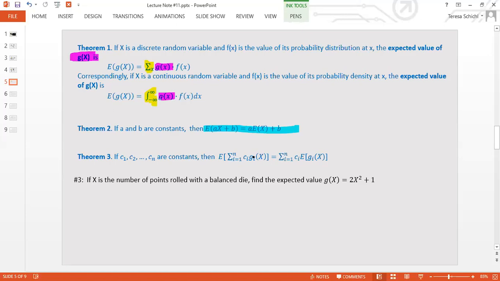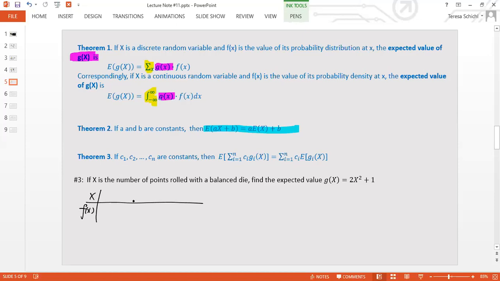All right, so now let's take a look at number 3. This definition is pretty simple. It's just like what we did for the previous one. Okay, so let's take a look here. If x is the number of points on a roll of a balanced die, find the expected value. First thing when we try to do this, we always need to set up x and f of x, right?